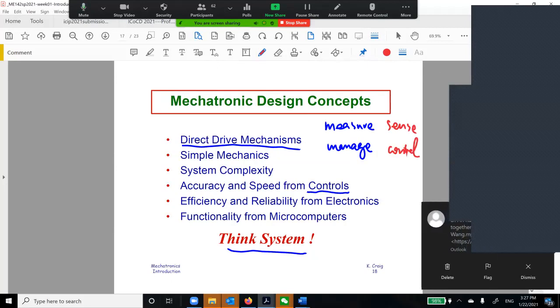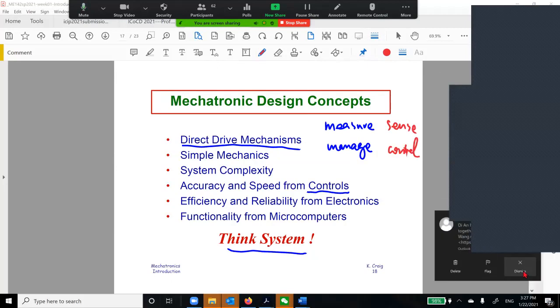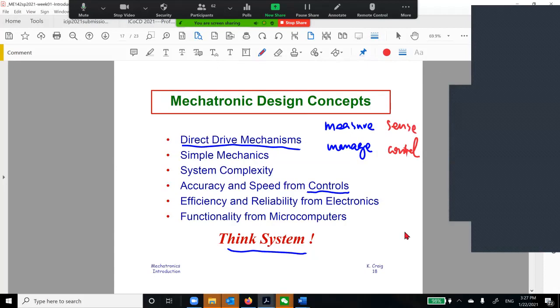It's the same. If you cannot sense well, you cannot control well. This is philosophically true, right? Yeah, it's true. There's also a Chinese saying about this parallel.